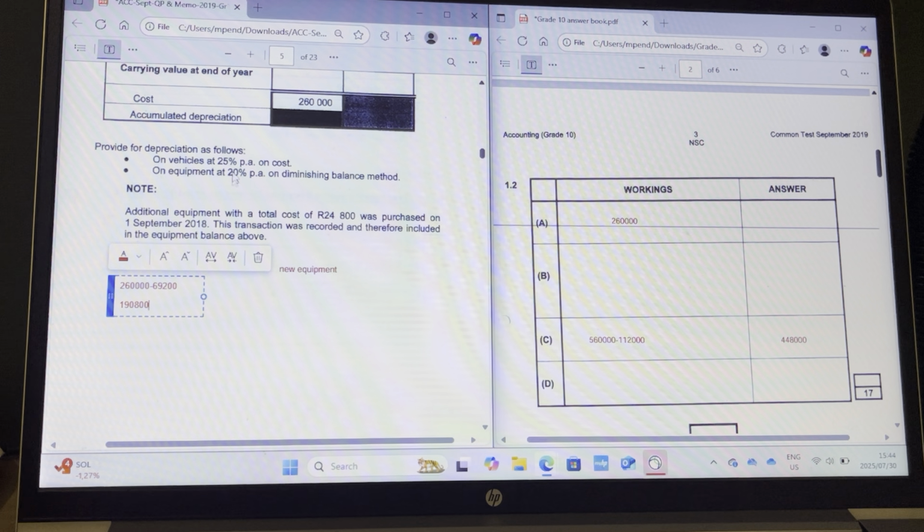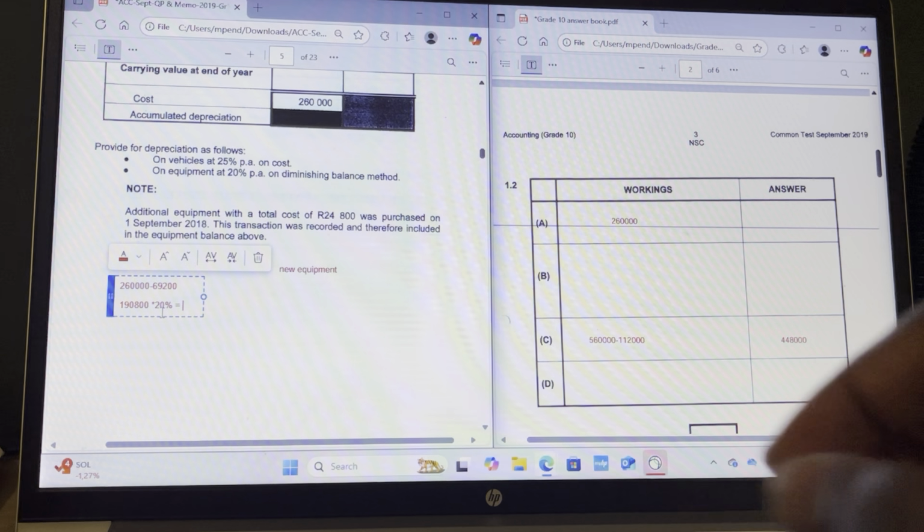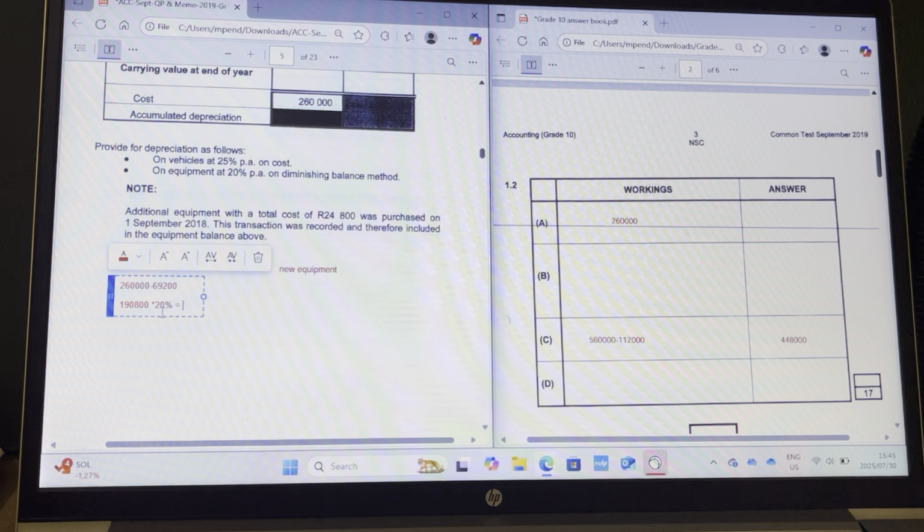And we're told that it's 20% per annum on a diminishing method. So we're just going to need 20% of that. 190,800 times 20%, that is 38,160.